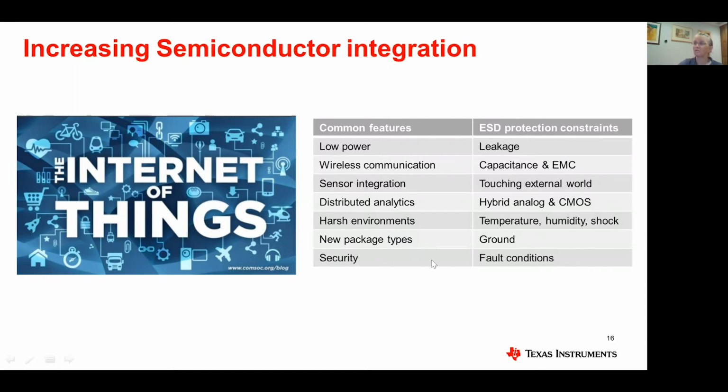All of these features impact the way in which we think about ESD protection. Low leakage, low capacitance, ESD and EMC not interfering, etc. So these are all things that keep our job more and more interesting. There are always new problems to solve.